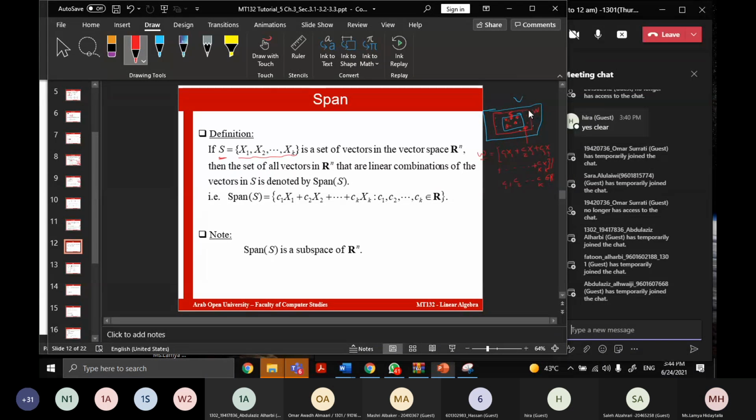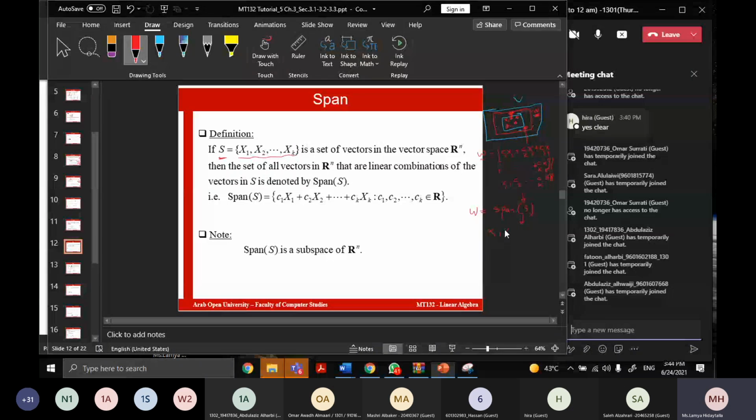So since we generated it from the set S, we say that W is equal to the span of S. What are the elements of S? They are x1, x2, and so on up to xk. Clear?